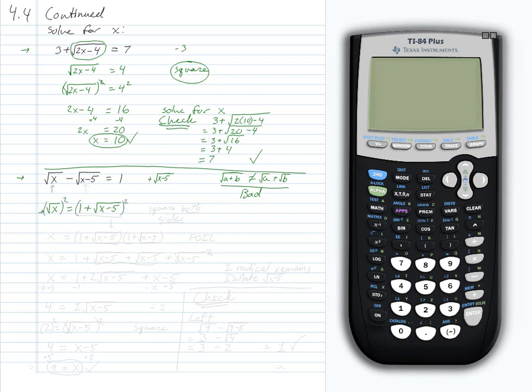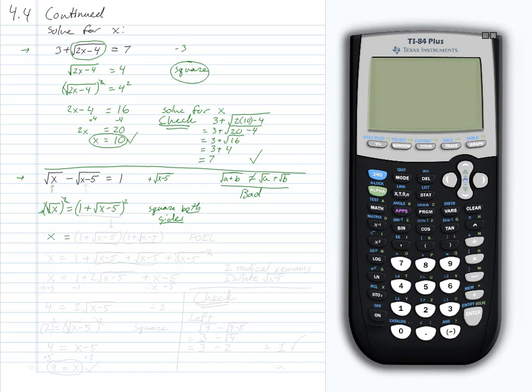And I put emphasis on the word sides. So I need to square the whole expression on the right, 1 plus radical x minus 5. So on the left, my radical and my squaring cancel.